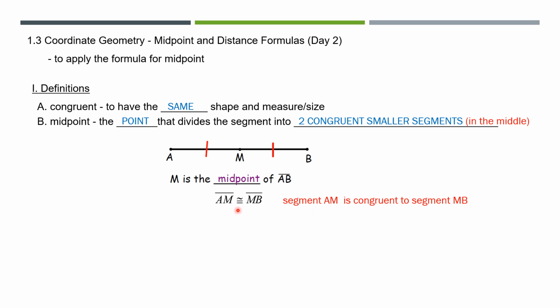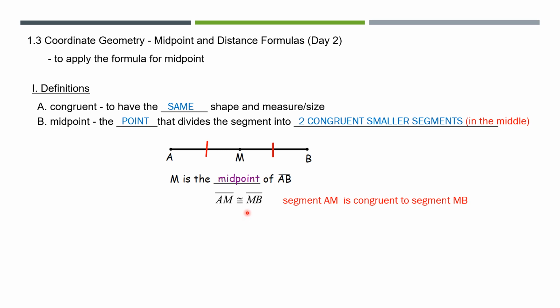So here's a new symbol for us. It stands for is congruent to, and it's an equal sign with a tilde. So segment AM is congruent to segment MB. So even though the definition is same shape, same measure, we only say that the sticks, the things that are tangible, are congruent.